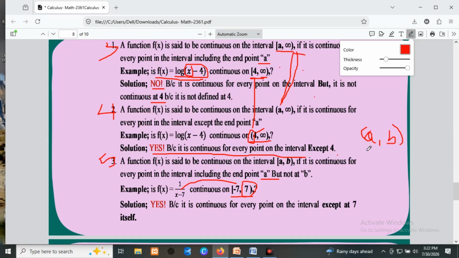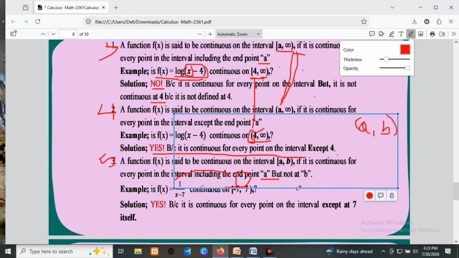If it is closed, you have to check both of them. Like in this example 5, such intervals are called half intervals, half open, half closed. So check at a but it does not matter at b. You have to check whether the given function is defined at a but not at b. Yes, so you have to differentiate between the different examples.